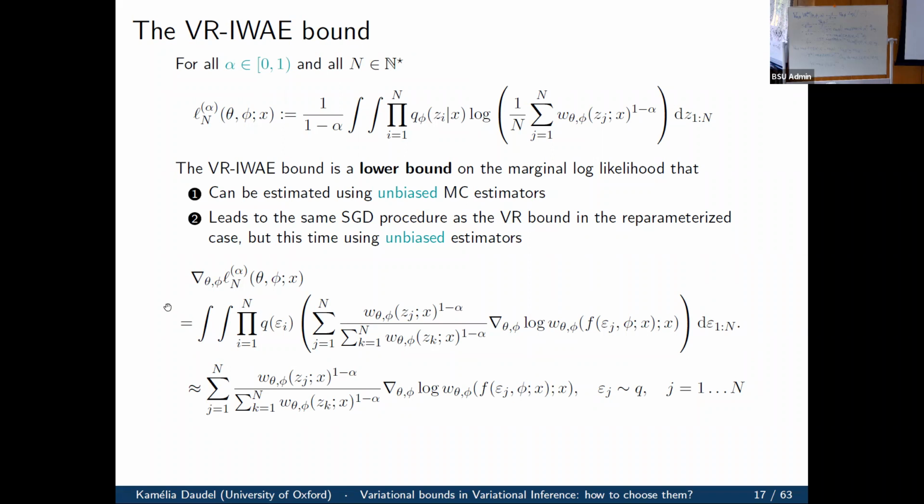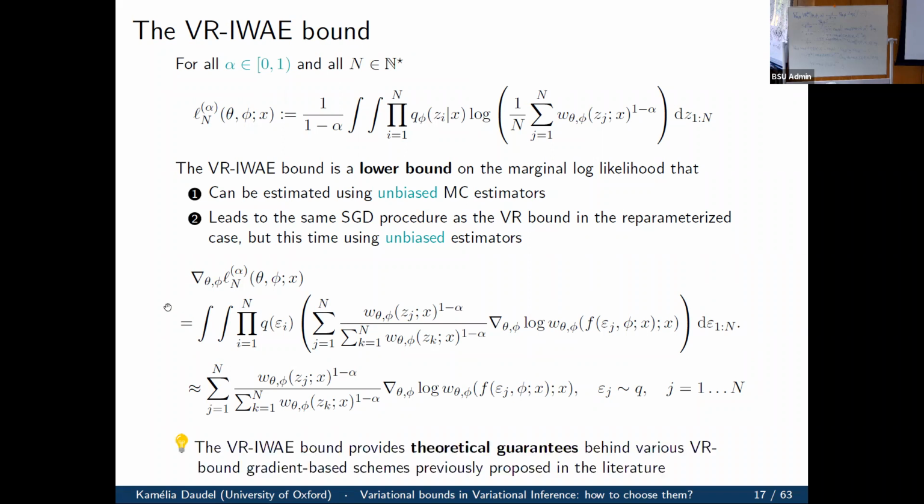This has very strong implications: this VR-IWAE bound provides theoretical guarantees for the previous stochastic gradient schemes used in variational inference methodology. It's important to make this crystal clear.